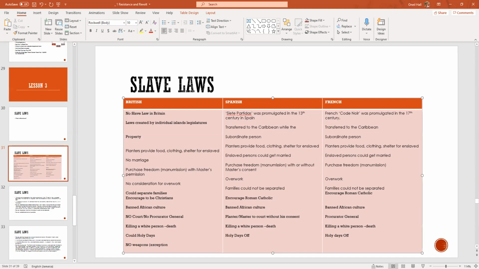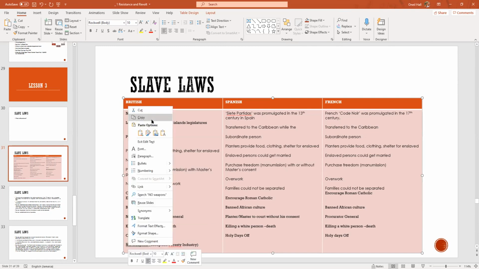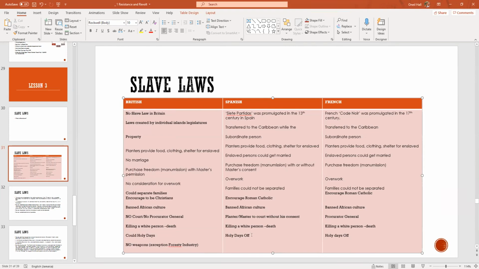No. When we look at the different types of production, which enslaved persons were able to carry guns? Forestry, except for the forestry industry. Same thing here: no weapon for Spanish, and no weapon for the French.